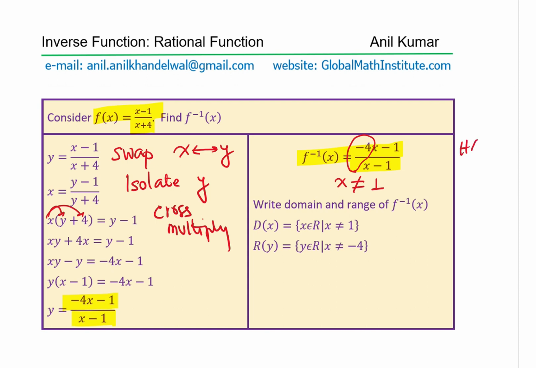So the horizontal asymptote is y equals minus 4, and the vertical asymptote is x equals 1 for the inverse function. Is that clear to you? And so we can write down the domain and range as we wrote earlier also, as the domain being x belongs to real numbers, x is not equal to 1, and the range is y belongs to real numbers, and y is not equal to minus 4. Correct? These are the two asymptotes. Okay.